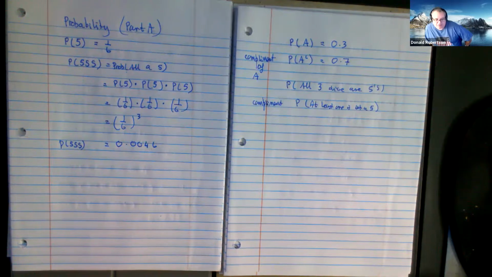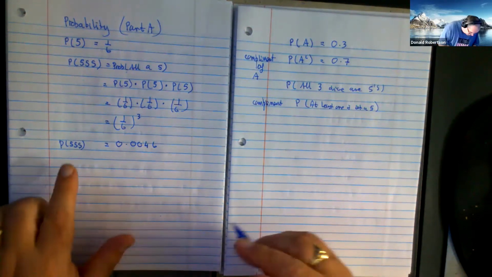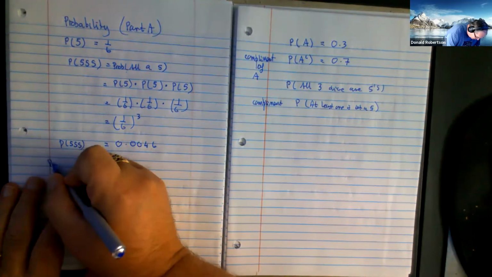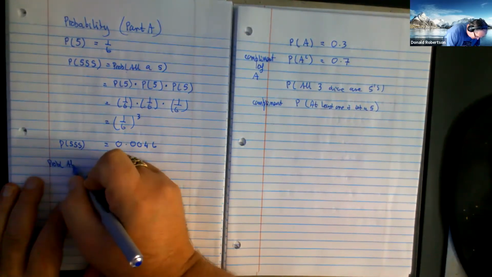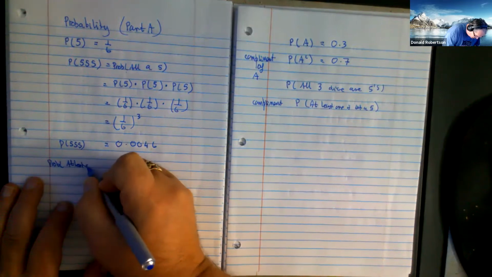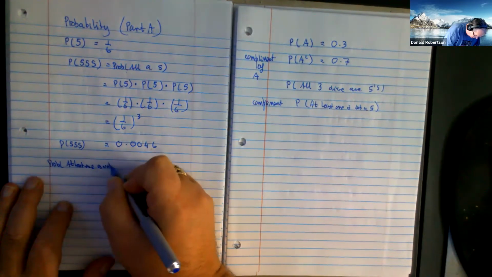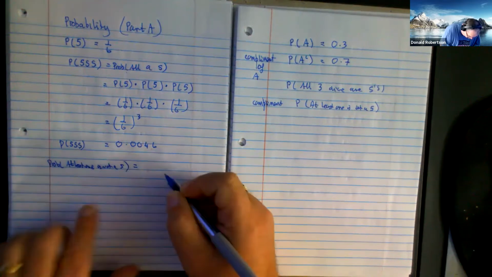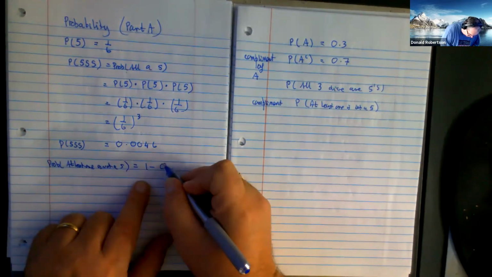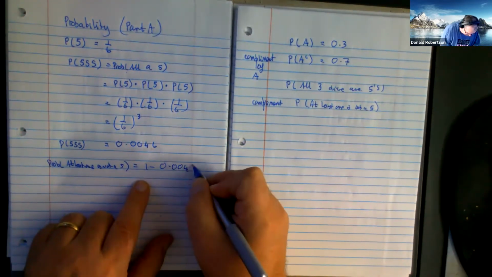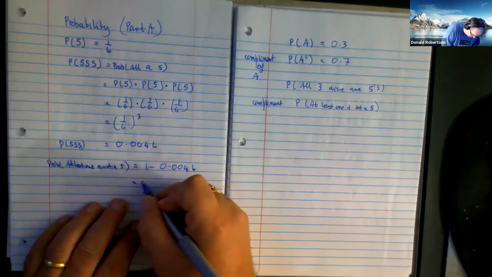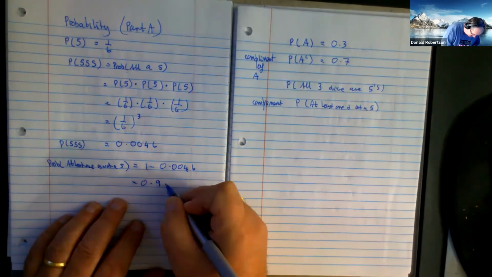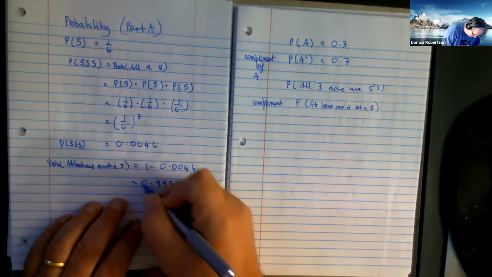Okay. Are we cool with that? Right. So if I went and said to you over here, what's the probability at least one of them is not a 5, wouldn't that be the complement of this event? So I can simply just subtract this from 1 and get 0.9954.